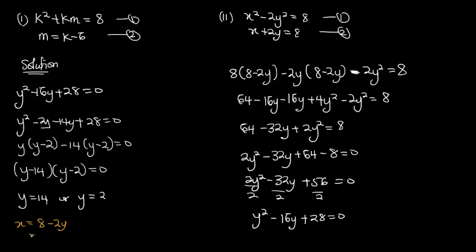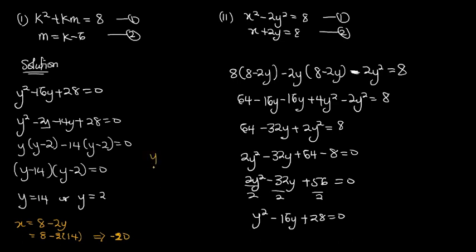So it means I'll have here 8 minus 2 into bracket 14, and this will give me 8 minus 28, that will give me negative 20. Okay, this is negative 20. So when y is equal to positive 14, x is equal to negative 20.